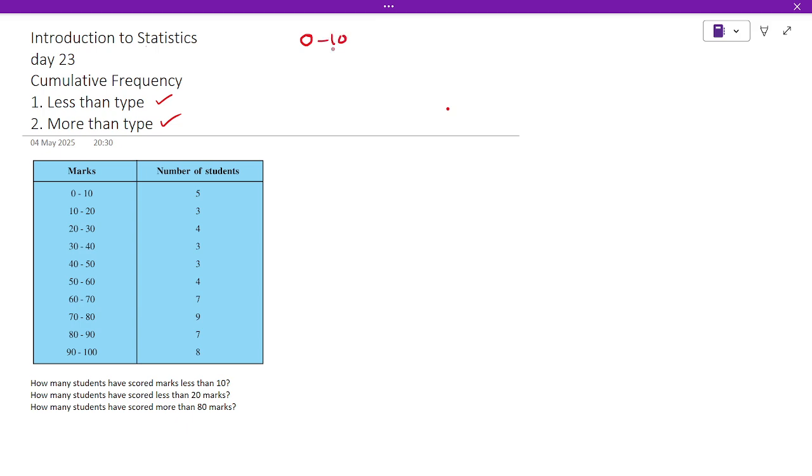Before getting into that, let me give an idea. If you remember in our previous classes, when I was discussing class intervals, both discrete as well as continuous, there I mentioned 0 to 9 and 10 to 19. Those are the discrete class intervals, and these others are the continuous class intervals, right?